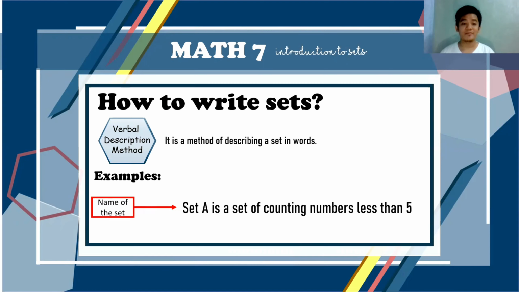And in this example, we have set A, followed by the description of the set, which is a set of counting numbers less than 5. And so, writing sets in verbal description method, this is an example. Set A is a set of counting numbers less than 5.